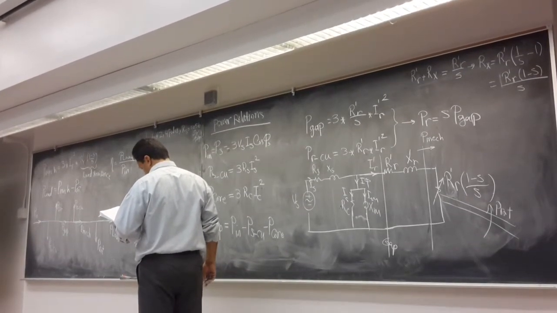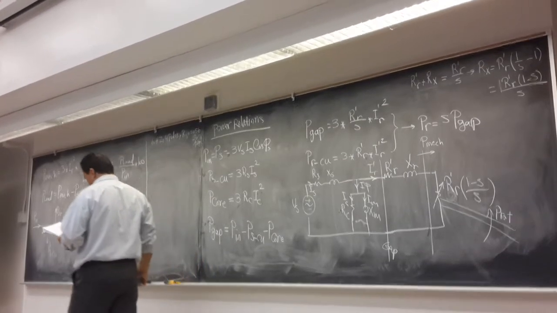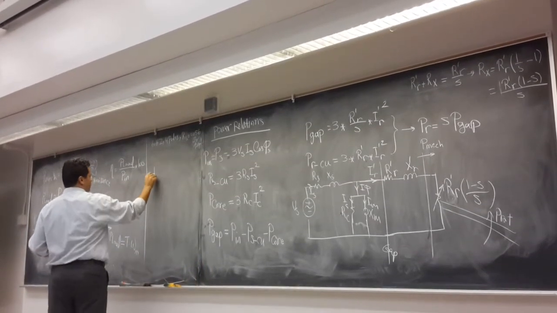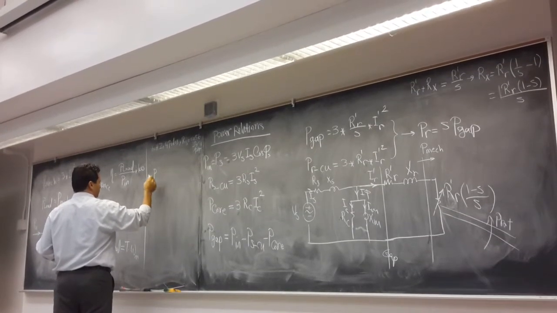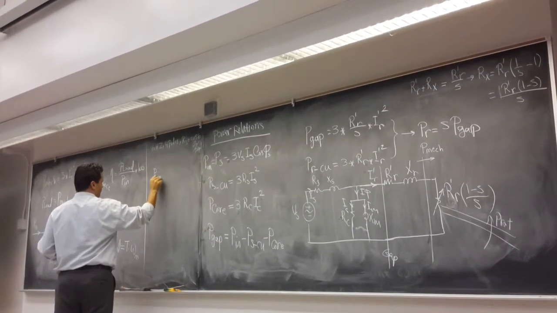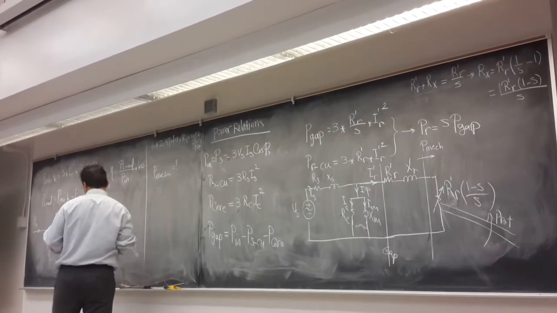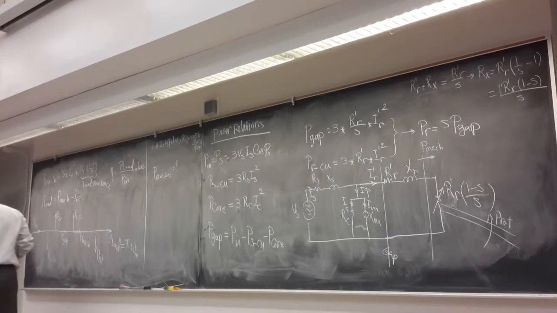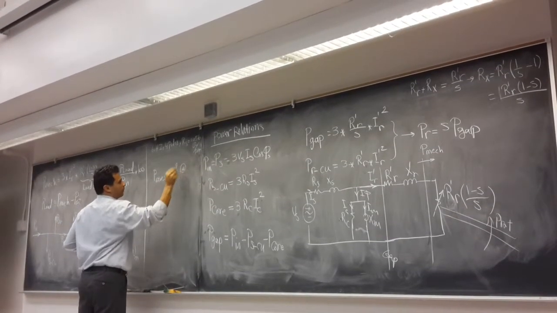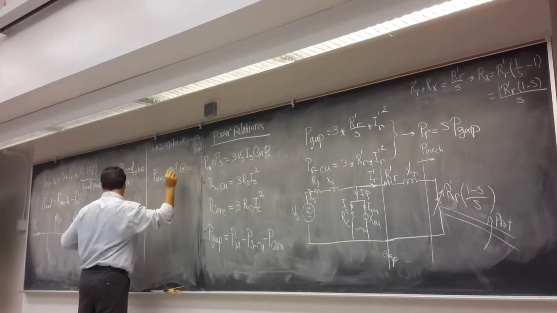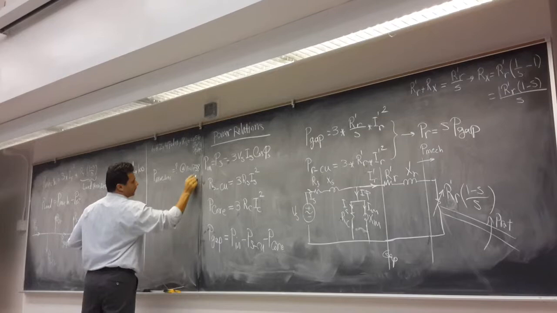It says calculate the rotor power dissipation. We want to know how much is the P rotor loss. We want to calculate P rotor loss at a speed of, if n is equal to 1738 RPM.